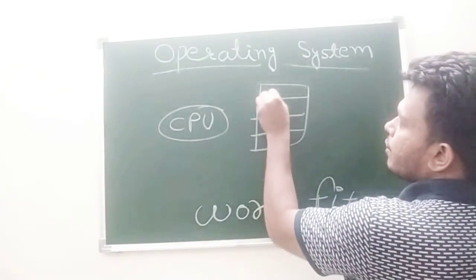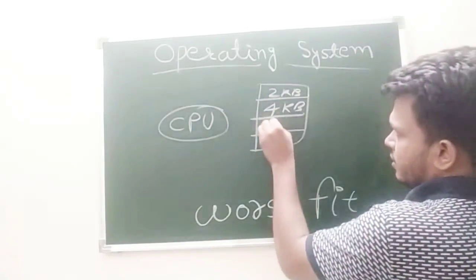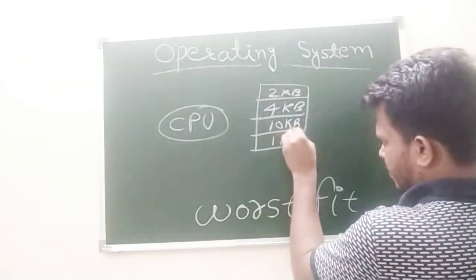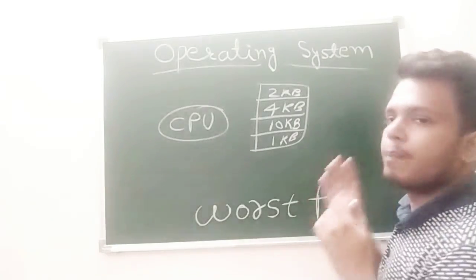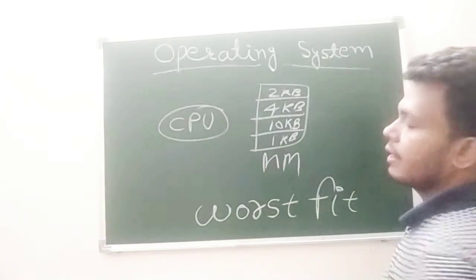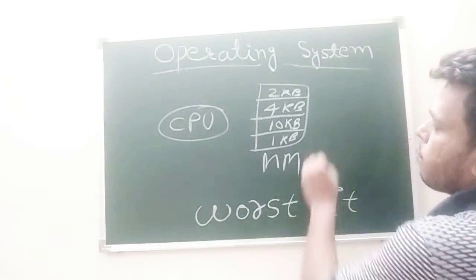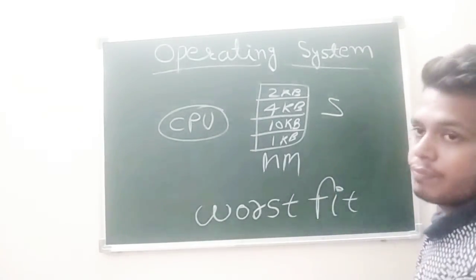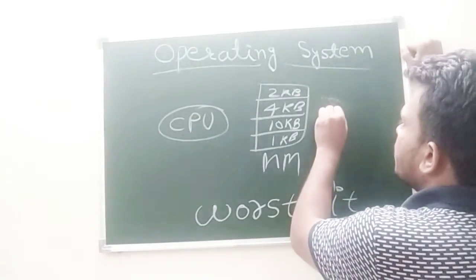Suppose this is 2 KB, this is 4 KB, this is 10 KB, and this is 1. I am just putting random values. Suppose a process comes with the size of 3.